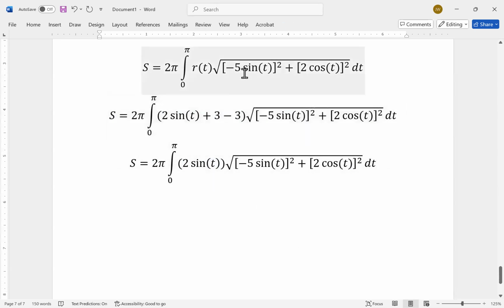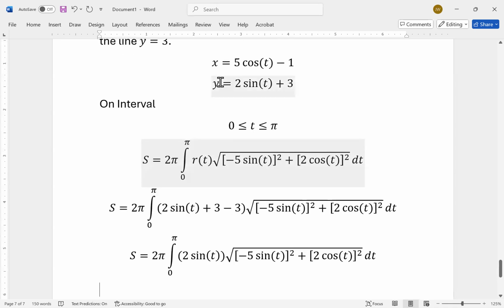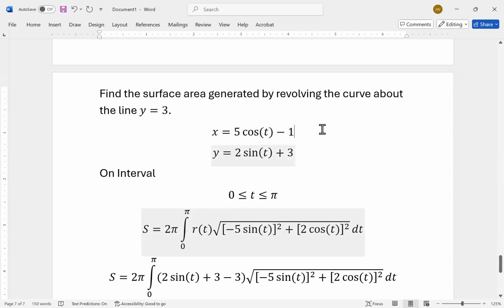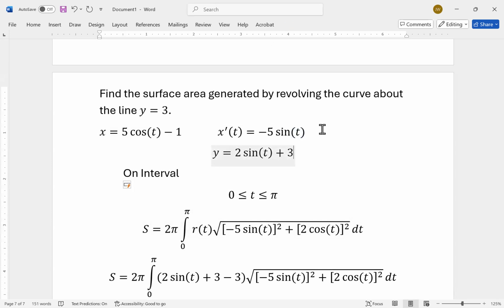By the way, I'm getting this inside of the square root because that's what my derivatives were. In other words, x prime was equal to negative 5 times the sine of t, and y prime was equal to 2 times the cosine of t.